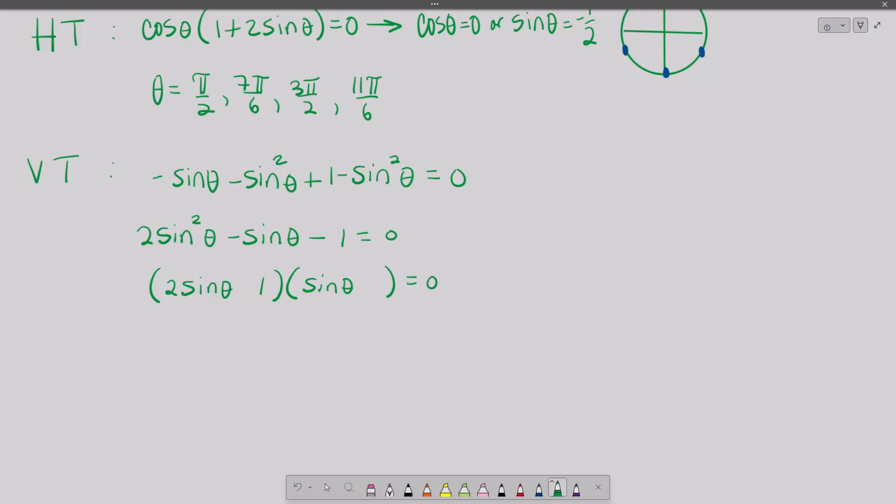And we have to have a 1 and a 1. And should the negative be in the first factor or the second factor? The second. So if it's in the second factor, the outer is going to give us -2 sine theta, and the inner is going to give us +1 sine theta.